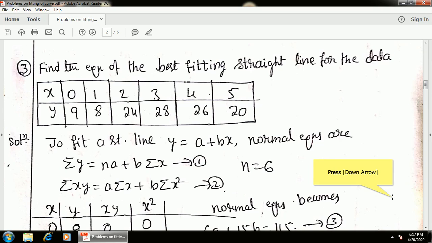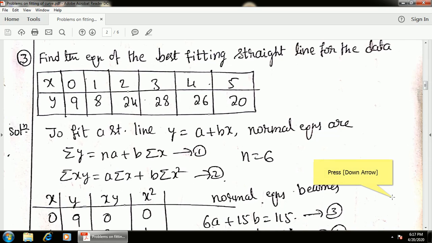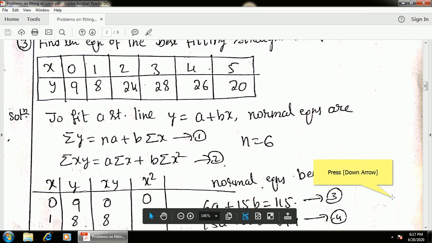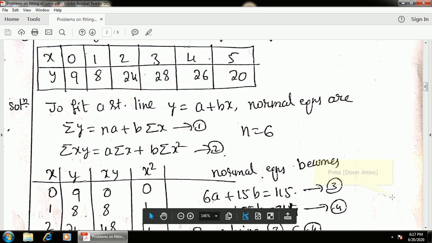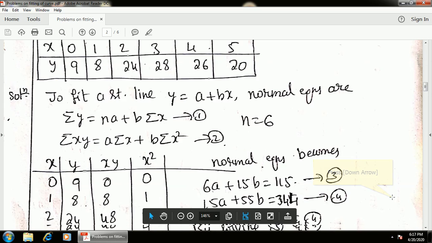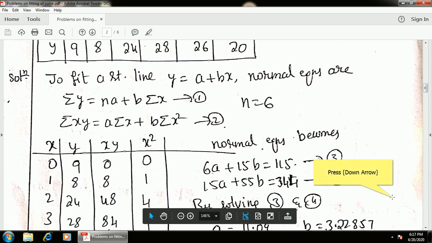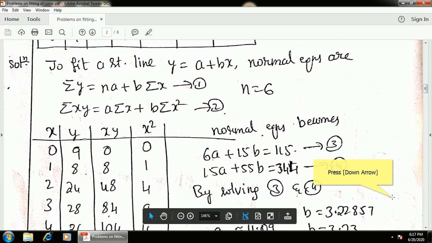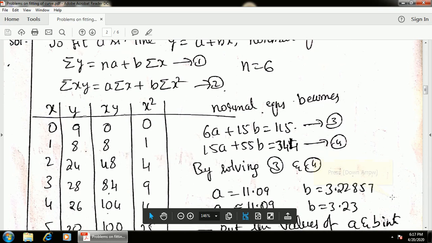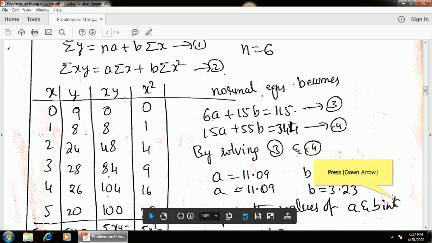Find the sum of x, y, xy, x square. Substitute those values into the normal equations. From those two equations you get the a and b values.